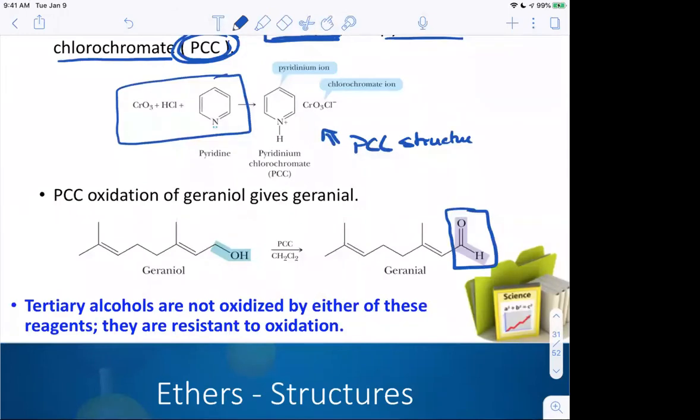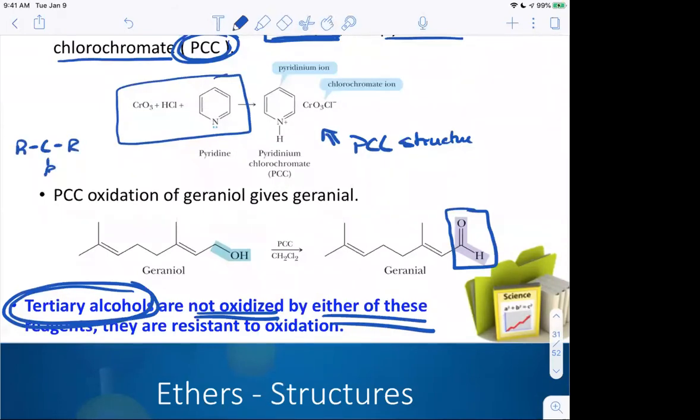It is important to know that tertiary alcohols are not oxidized by anything. Notice that if I have a tertiary alcohol, because these are all carbon groups, I can't form a carbonyl, right? So there are no conditions to go from a tertiary alcohol to anything else.